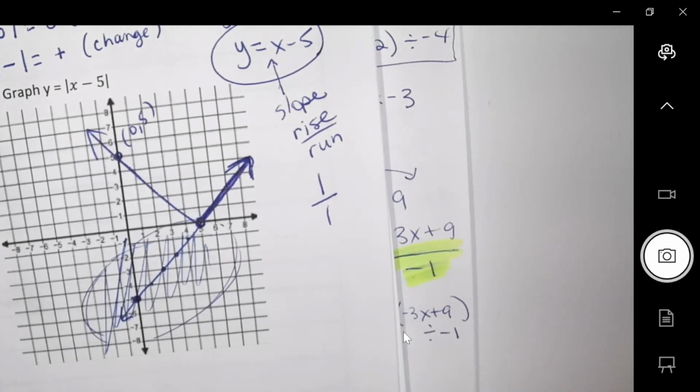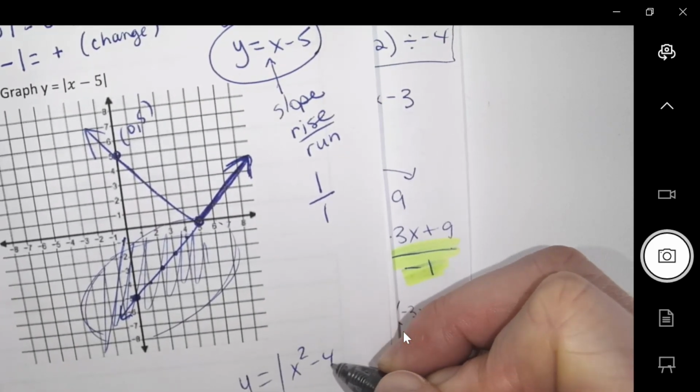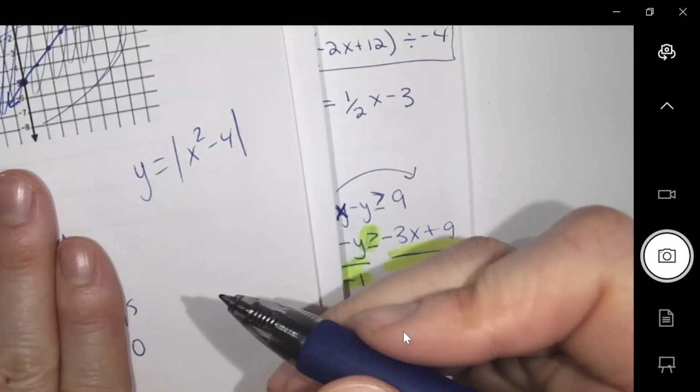Okay? So positive stays, 0 stays, but anything negative has to change to positive.